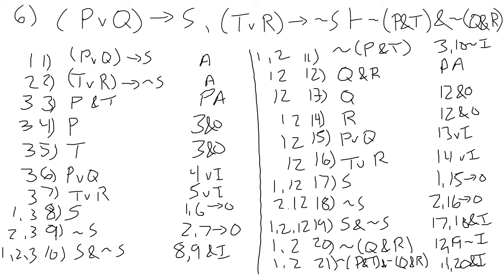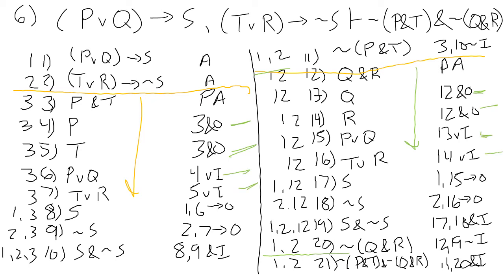Now again, this is a really long proof, but if you realize from here and from here, those are the same exact proofs. And outs, wedge ins, arrow out, arrow out, arrow out, arrow out, ampersand in, tilde in, tilde in.